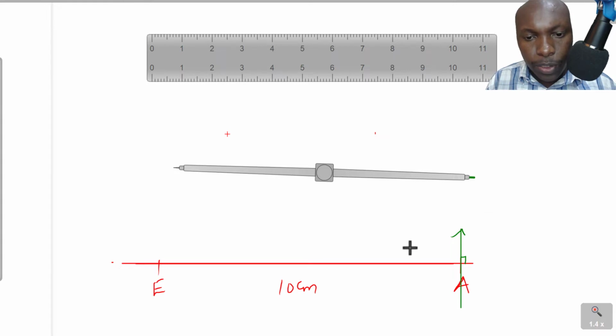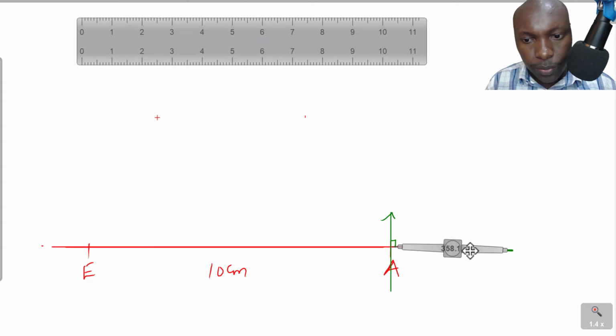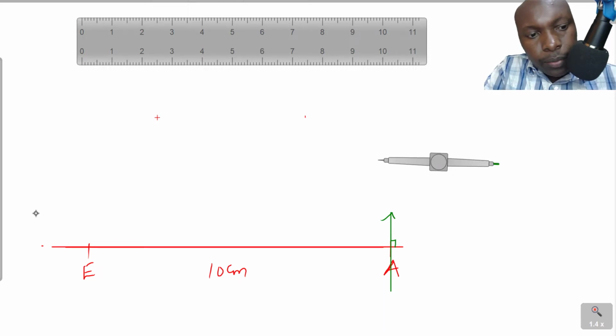So I need to construct, and remember we're supposed to use a pair of compasses and ruler only. To get 30, I will need to construct 60 and then bisect it. So I have to extend this line once again.